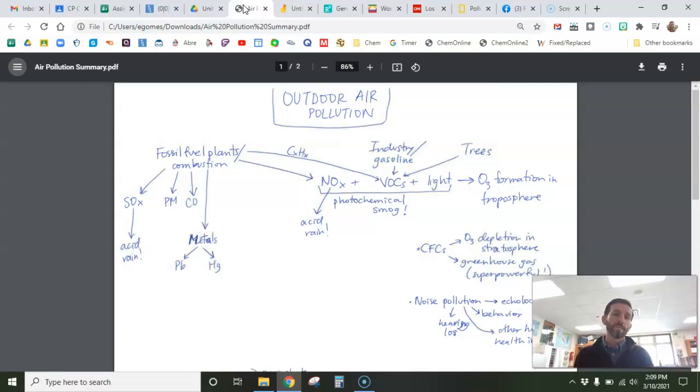Okay, and then these fossil fuel plants and gasoline combustion can release lead and mercury in the air. Lead has been very well regulated by the Clean Air Act, so much that this is probably one of the most successful examples of environmental regulation that were effective in the United States.